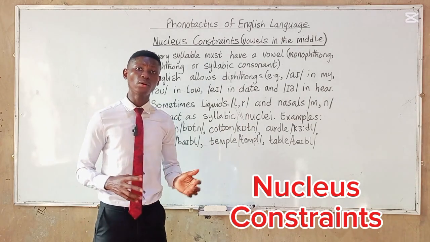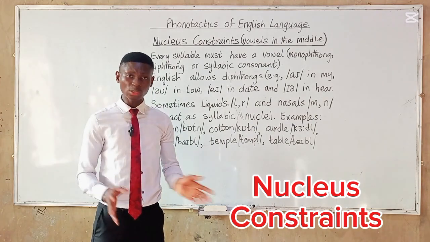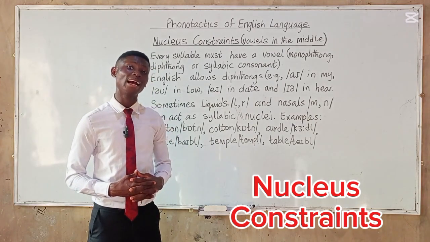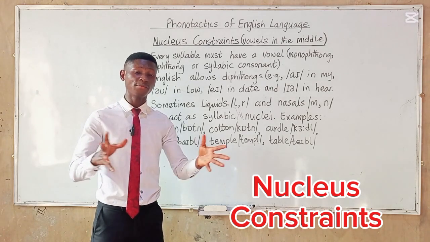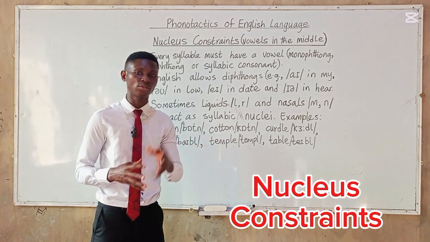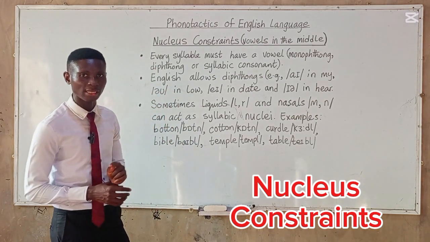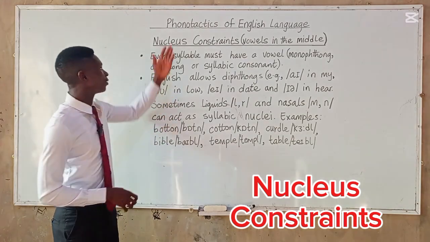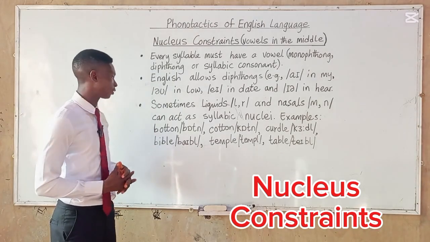I want to believe you know of the 8 diphthongs of English language. So it is not in all languages that you can have diphthongs. You can have specific sounds, but you may not have a combination of sounds to produce one sound. That is possible in English language. So you can have a nucleus as a diphthong and not only a monophthong.